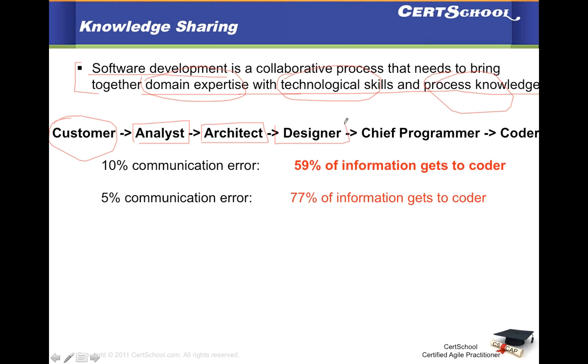Architects then talk to designers, communicating the same specifications the customer is giving. The analyst gives those specifications to architects, architects add their non-functional requirements and give it to the designers, who are the low level designers. They're doing class level design and sequencing.